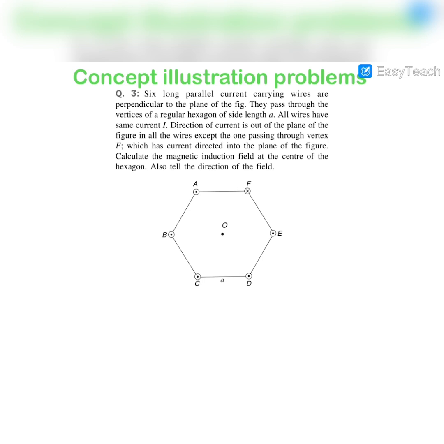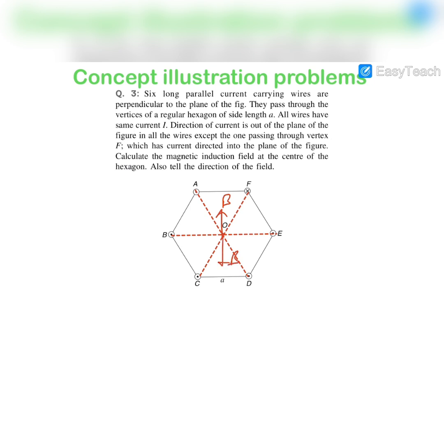So this is an easy problem, and you can see that if we join the opposite vertices, the magnetic field due to this wire will be in the upward direction, and the magnetic field due to the E wire will be in the downward direction, like that.